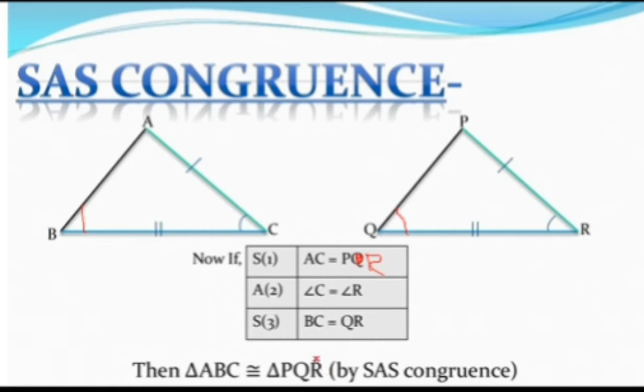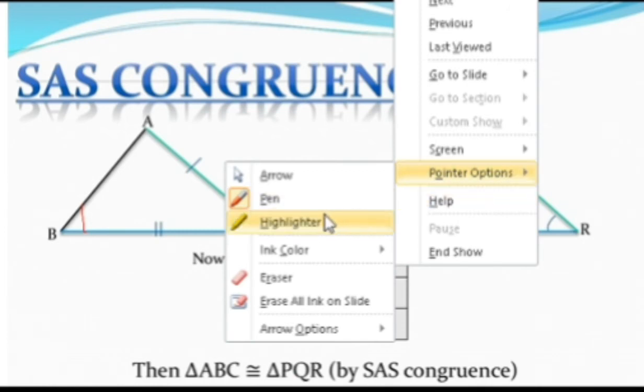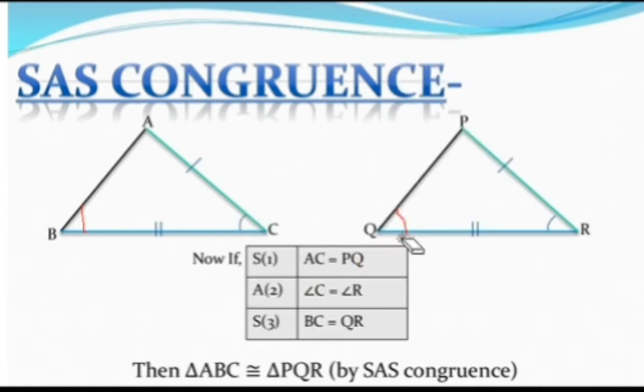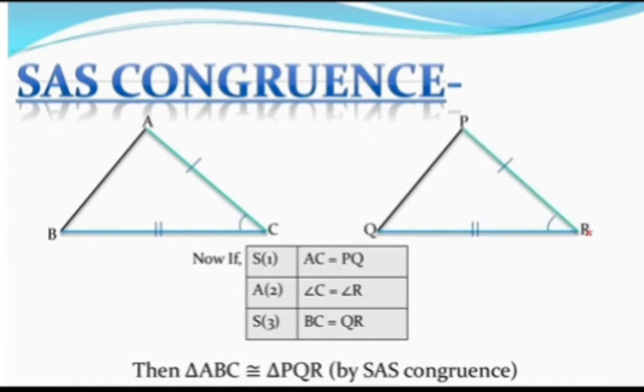Wait, the naming will be changed. Instead of this, you just do Q here and R here. Then things will be sorted out.